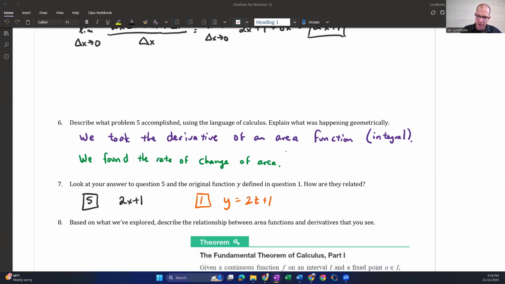How are they related? They're the same function with a change of variable. Same function with a change of variable. Cool.